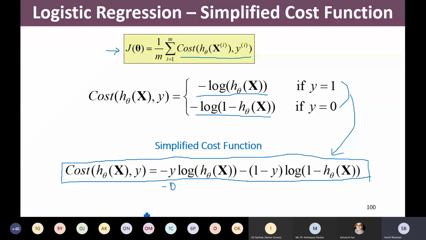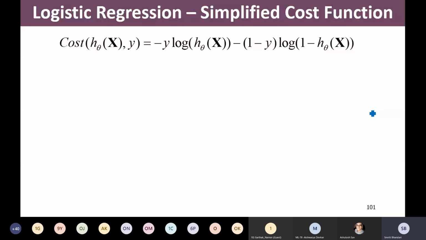Fine. So let's proceed now. Please remember, this is our cost function for logistic regression. Now, what next? This simplified cost function is typically meant for one example or a single sample in our data set.